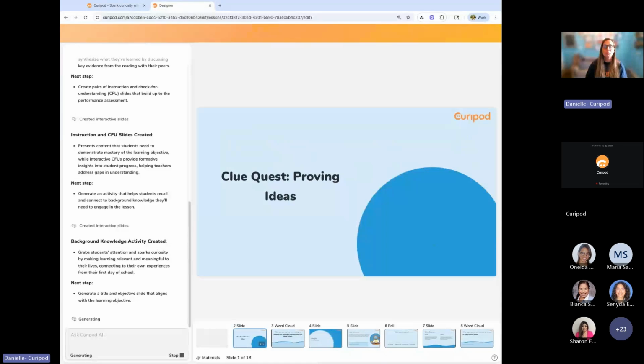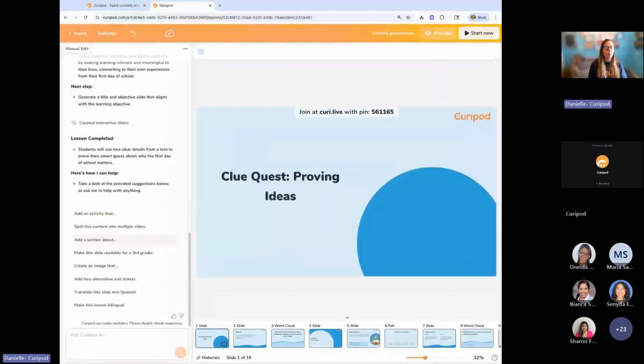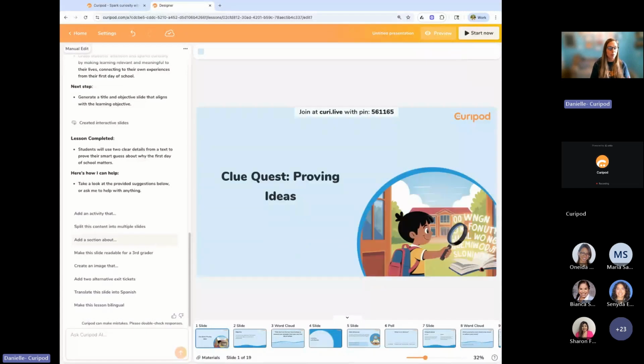Curipod is designed to ensure that you have those best practices in place every single lesson. So when your admin walks into the door, they can see that happening in your classroom, and as a teacher, you'll notice the growth in your students happening in every lesson.